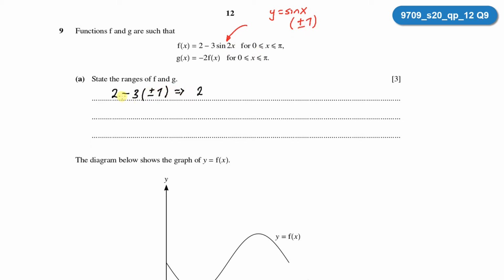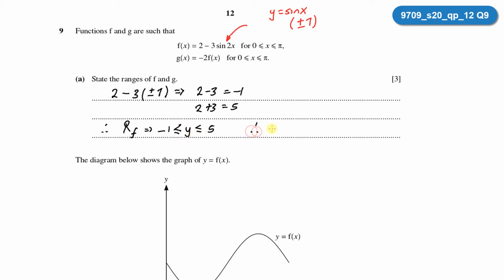So we're going to have 2 minus 3 here, which is minus 1, and 2 plus 3 here, which is going to be 5. And therefore, the range of f comes out between minus 1 and 5.